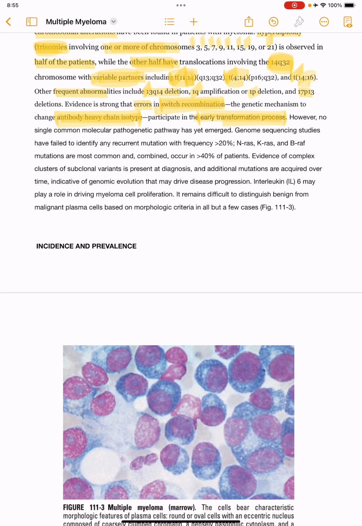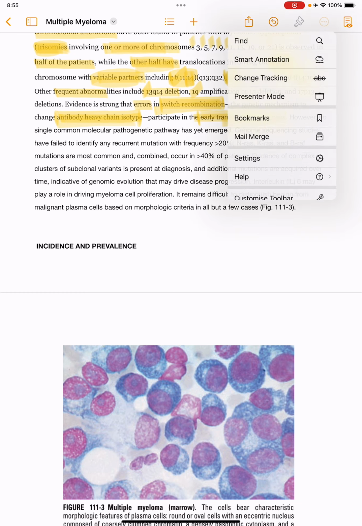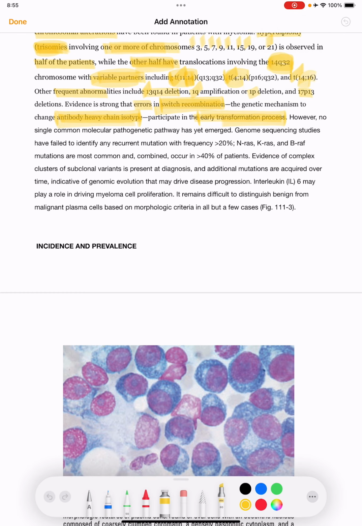NRAS, KRAS and BRAF mutations are most common and combined, they occur in greater than 40% of the patients.